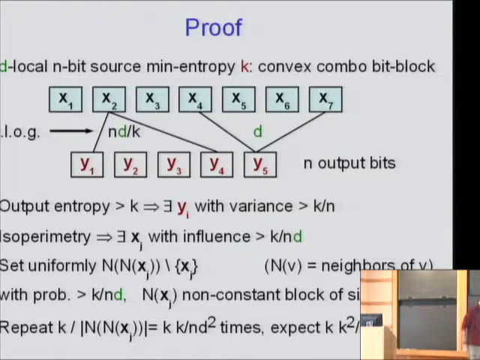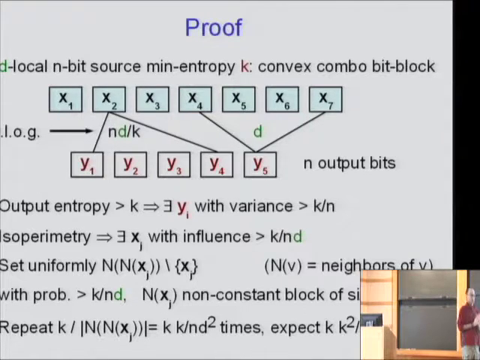Each time I'm only fixing the neighborhood of the neighborhood, which is not much, and that's all the entropy I'm losing. So I can repeat k, which is my initial entropy, divided by the size of the neighborhood of the neighborhood times. And by a Chernoff bound, with high probability most of these blocks will be alive and will give me my high entropy bit block source.